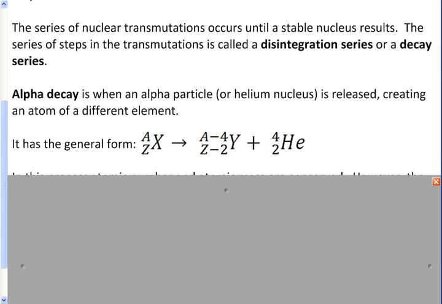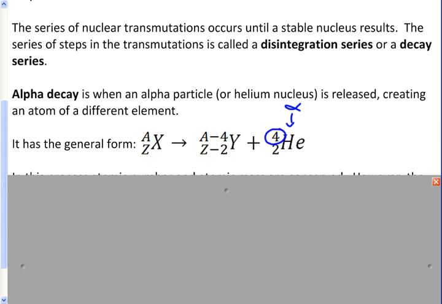So the general form for alpha decay looks something like this. Element X with atomic mass A and atomic number Z shoots off a helium nucleus or an alpha particle, and because of conservation of mass, the top numbers always have to add up.